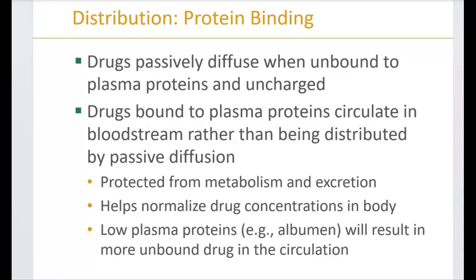Low plasma proteins will result in more unbound drug in circulation, which means then they're not protected from metabolism and excretion. So if you are low on proteins, it can very much change the way that the drugs are distributed in your body.